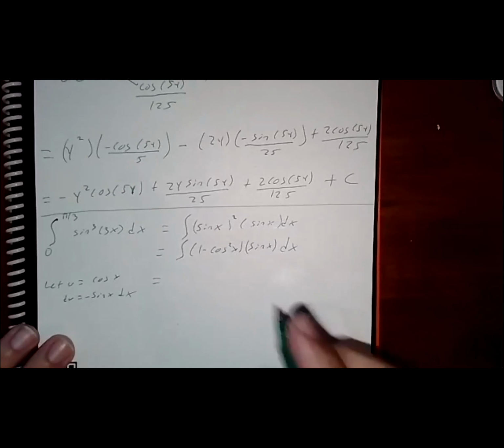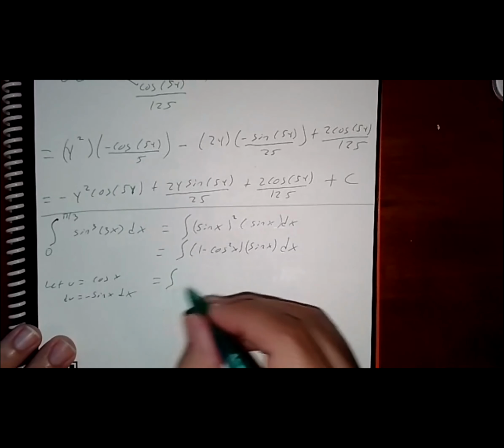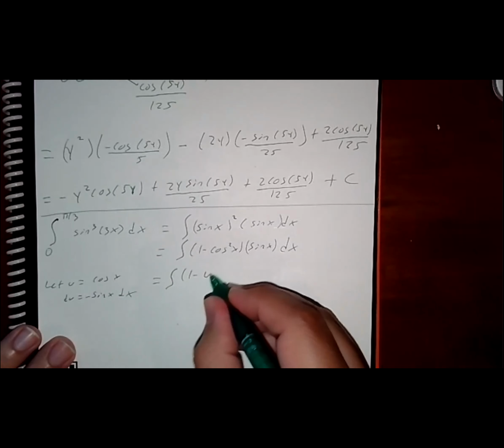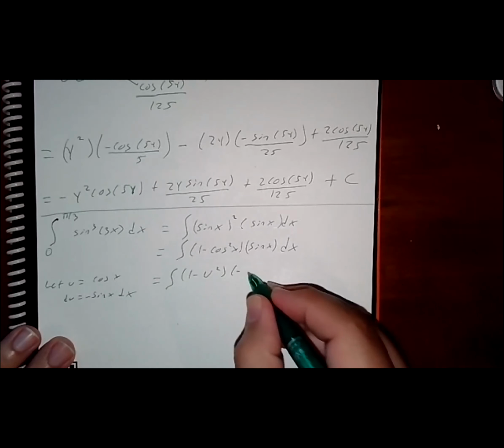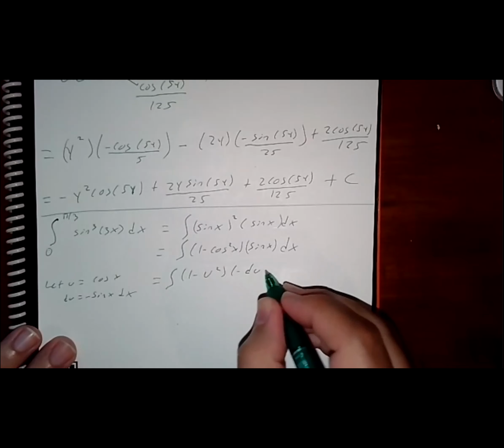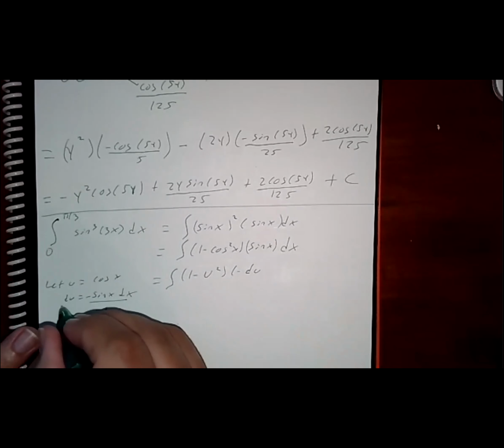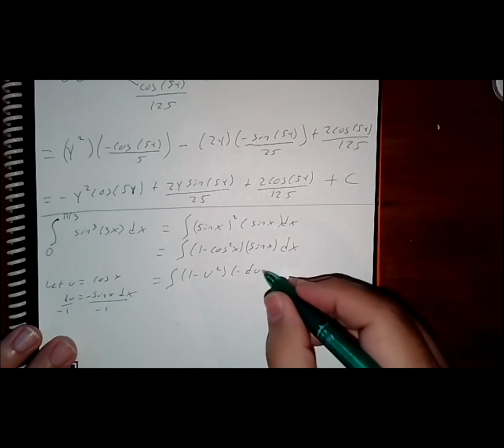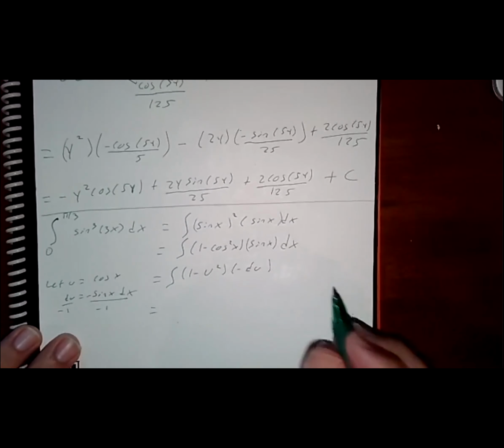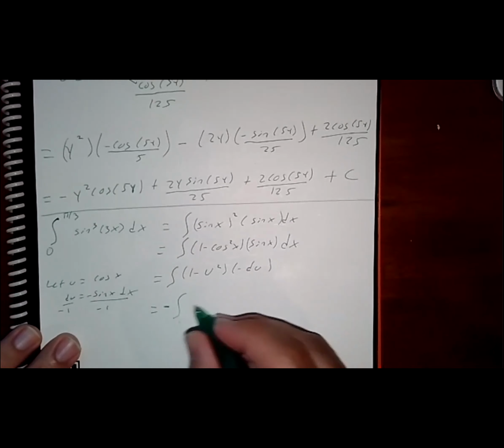So then this will become 1 minus u squared times negative du. You have to divide it out, so I put the negative in front.